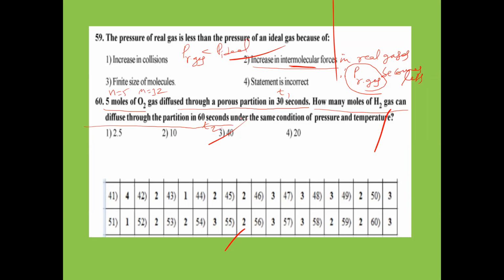T2 is given, T1 is given, under the same conditions. Here M1 is 32, and M2 for hydrogen is 2, the gram molecular weight. Under the same conditions of pressure and temperature, they ask for N2 of hydrogen; N1 is given.